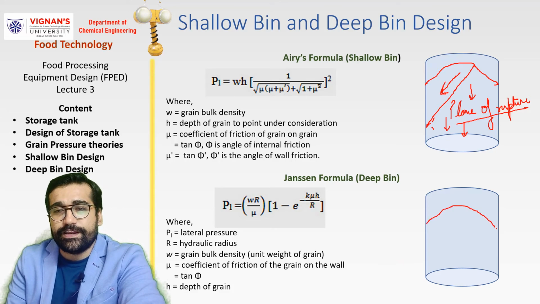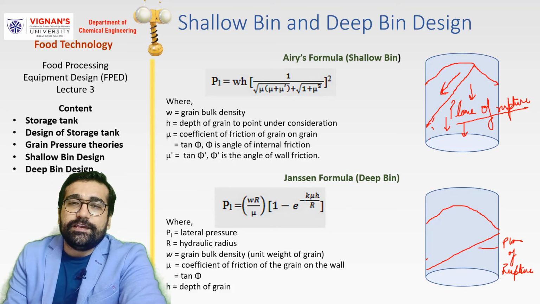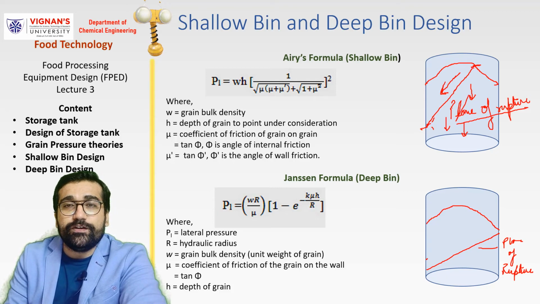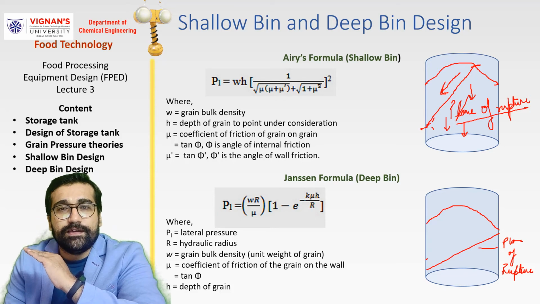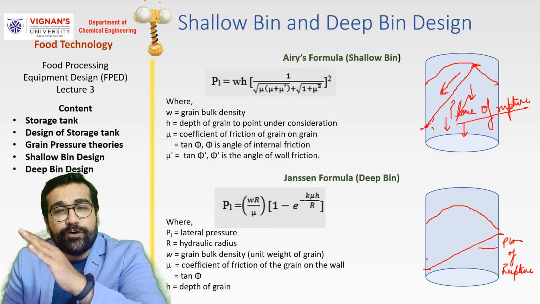So again, this is the filled grain, and this is the plane of rupture. In the case of a shallow bin, the plane of rupture will touch the top of the grains before crossing it, whereas in a deep bin, the plane of rupture will touch the opposite wall before crossing the grains.